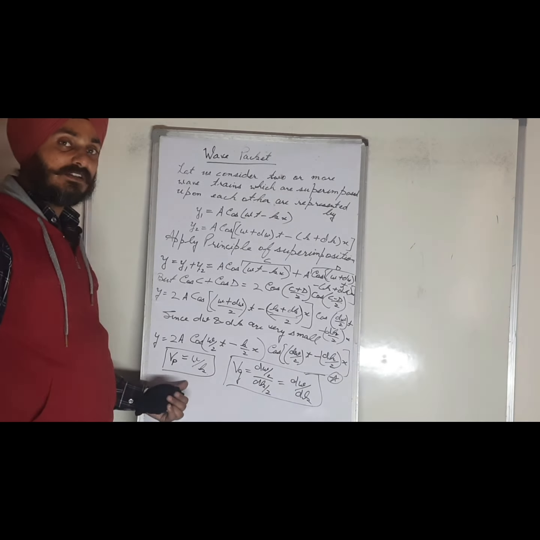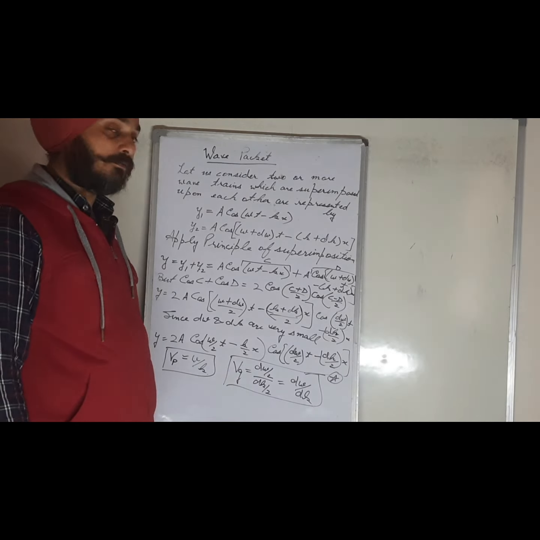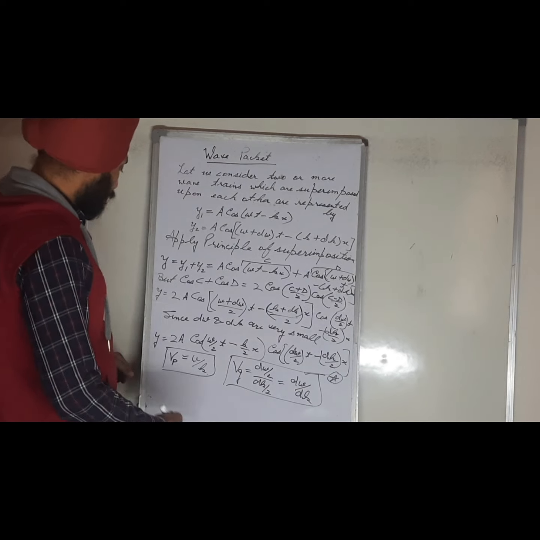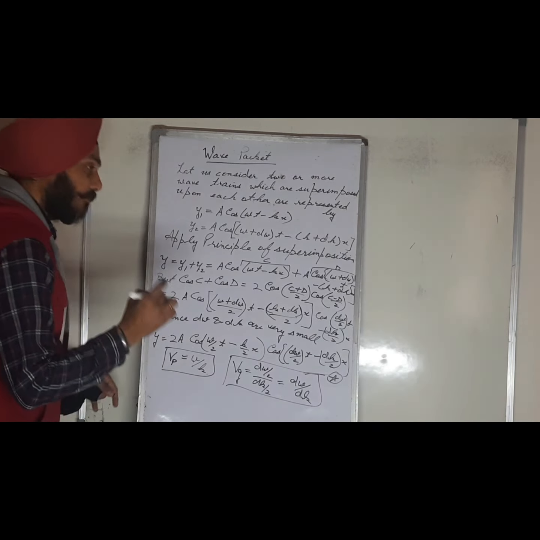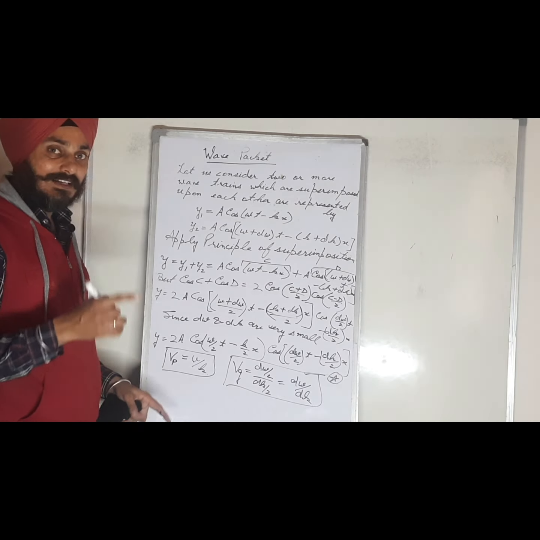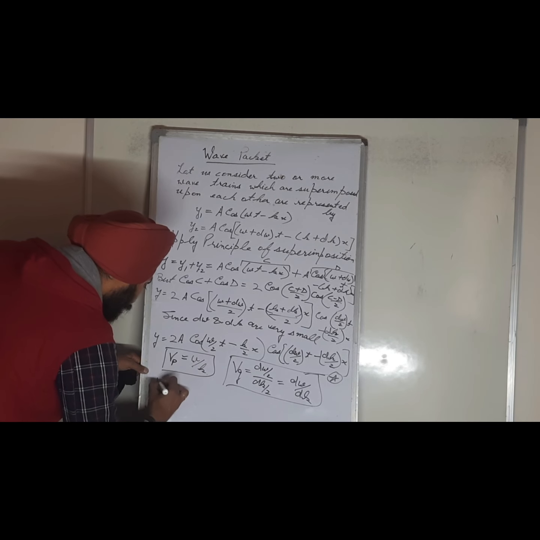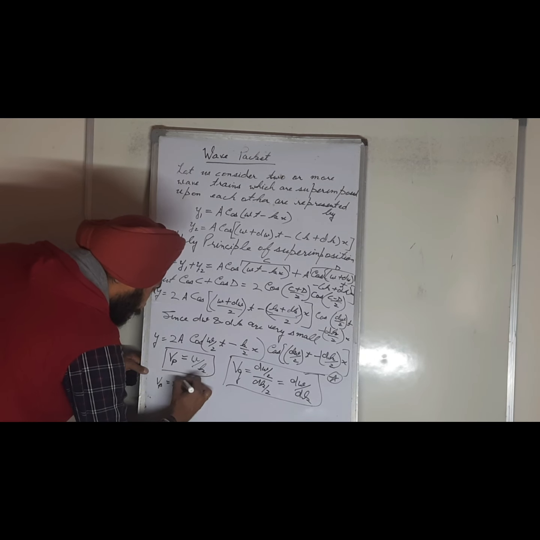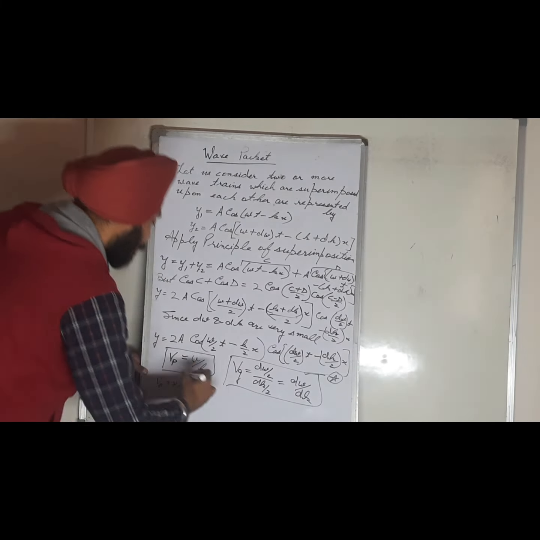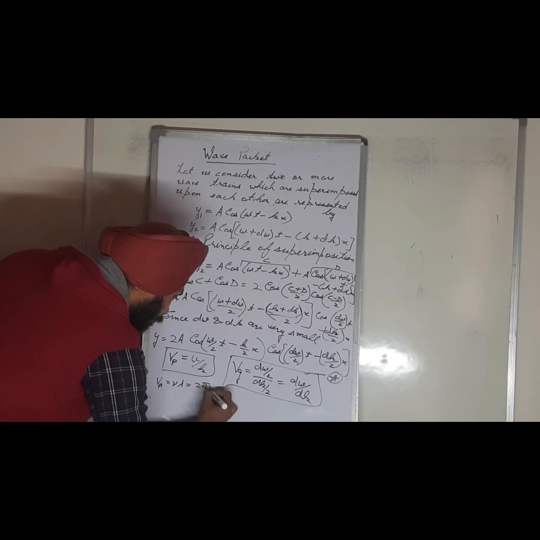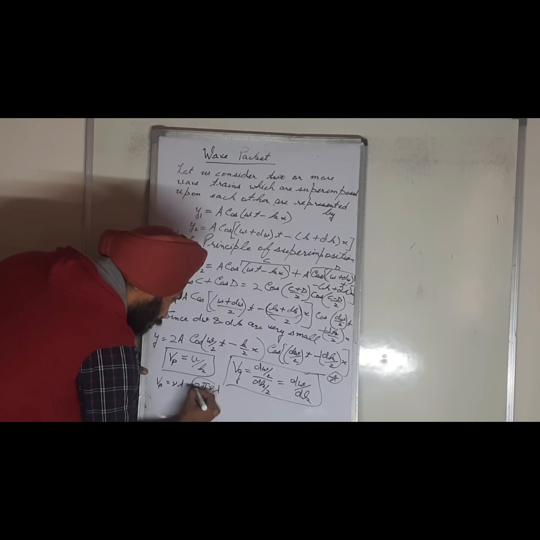So just remember this, the phase velocity is given by omega by k and group velocity is given by d omega by dk. Also, if you want to find the phase velocity, velocity is nu into lambda, that is frequency into wavelength. So phase velocity is equal to nu into lambda. If we multiply and divide by 2 pi, it becomes 2 pi nu over 2 pi by lambda.